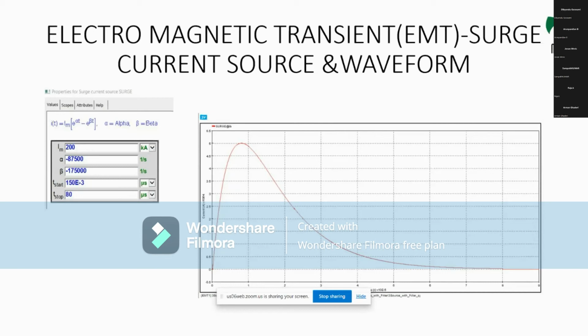Again, I'm saying, please don't copy these values from the slide, as the slide shows only one example E2 EMP. Fine. You must find your own alpha, beta, the highest value of the current Im, and also the duration of the E2 EMP from which you want to protect the system.